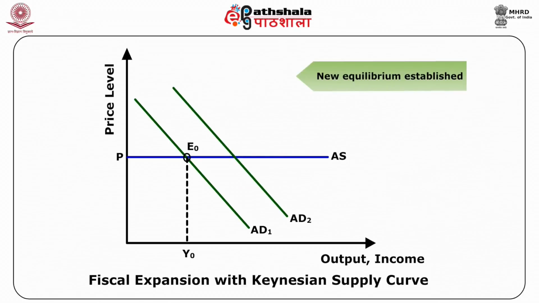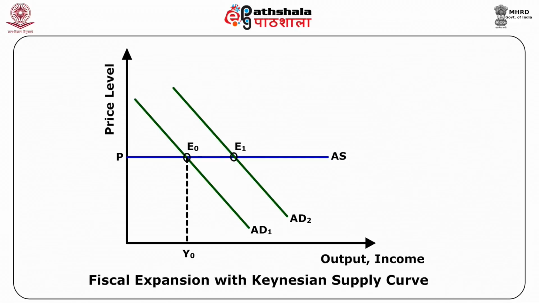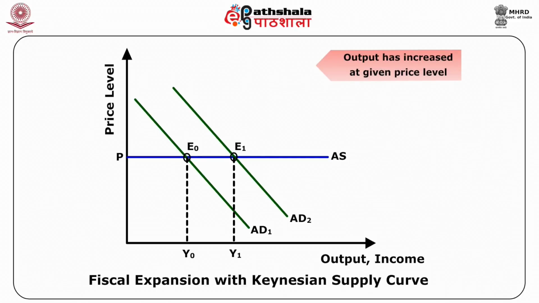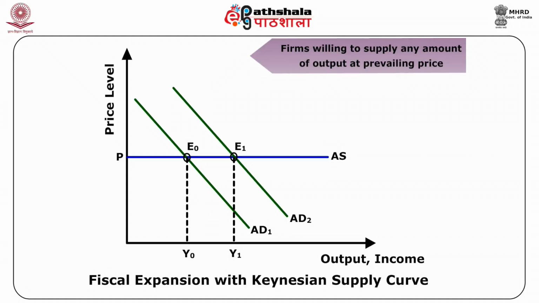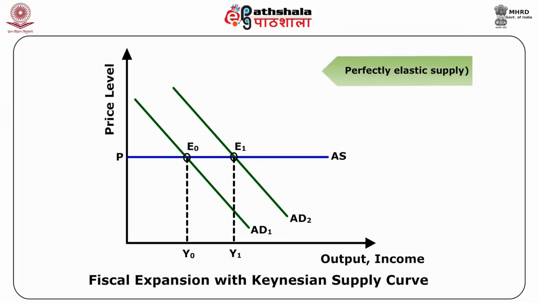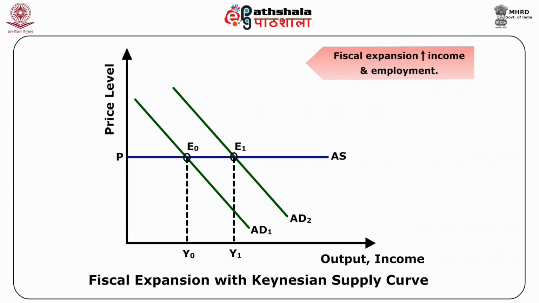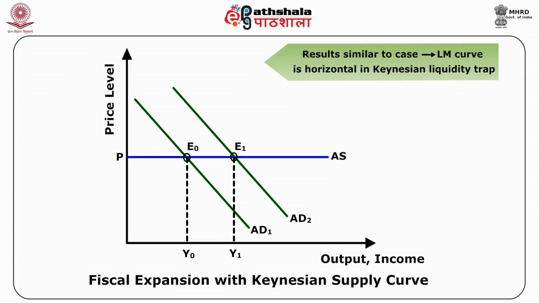The new equilibrium is established at E1, where output has increased to Y1 at the given price level. This is because the firms are willing to supply any amount of output at the prevailing price, that is perfectly elastic supply. A fiscal expansion increases only income and employment. The results are similar to what we get when the LM curve is horizontal in the Keynesian liquidity trap.